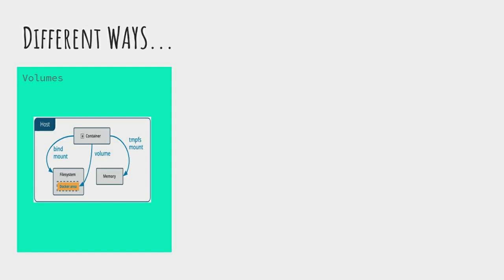So the volumes exist inside the file system, but they are in the bounds of the Docker area. That means Docker has control over it. And obviously, they're platform independent as well. So if you port this image to some of your friends, they'll be able to use it because the path inside the Docker area is controlled by Docker.